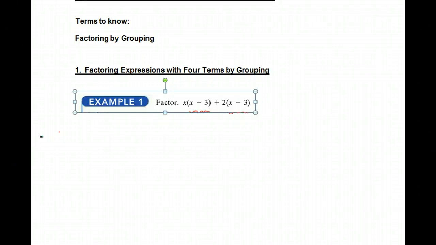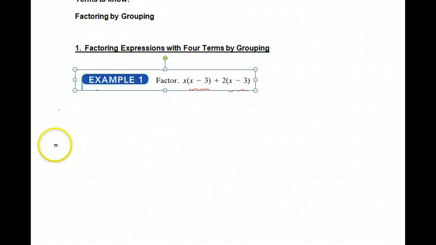This is a special type of factoring that we call factoring by grouping. And this type of factoring is used specifically whenever we have 4 terms.